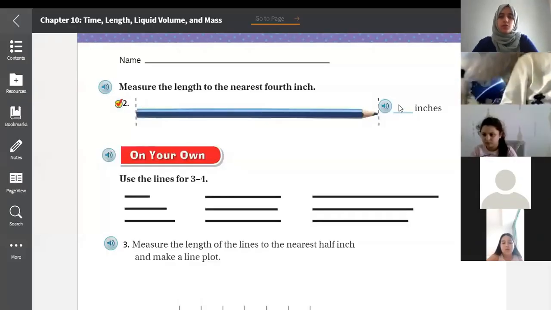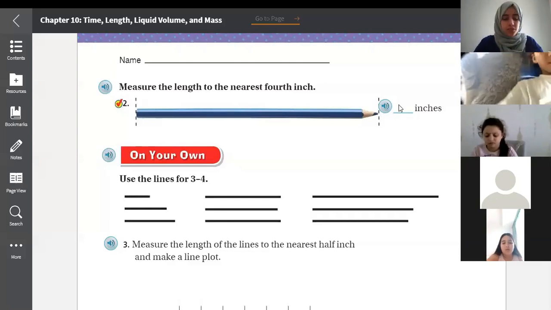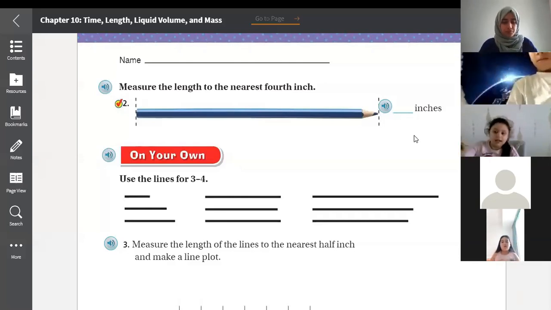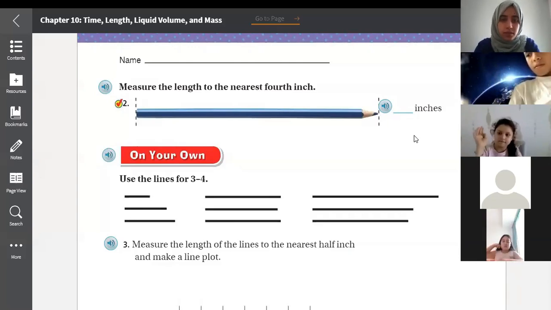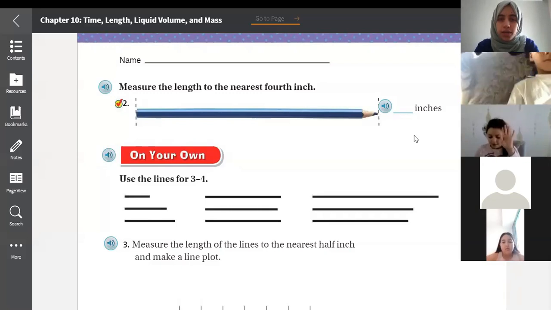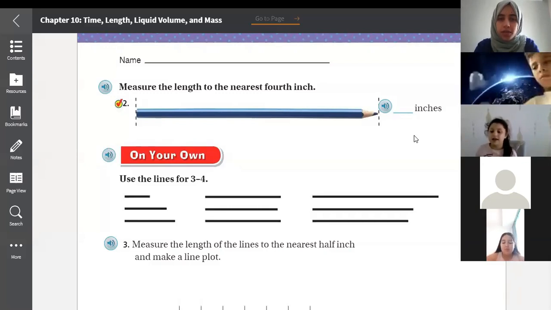So for number 2, what's the measurement that you guys found? 5½. I want it to the nearest 4th. I don't want a half, I want 4th.